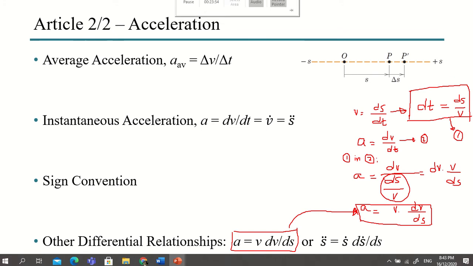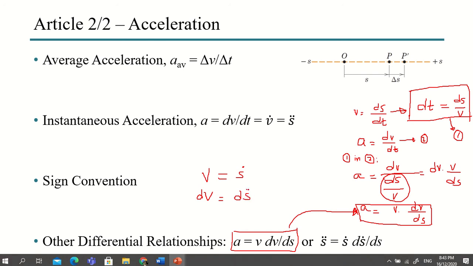All right, how about this? We know that v is just equivalent to s dot. And we also have dv, so dv is equal to, meaning you take the differential on both sides.